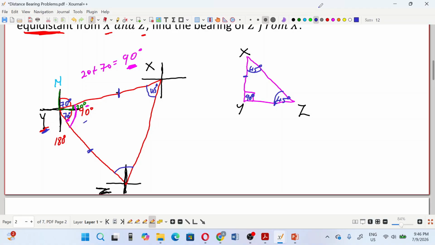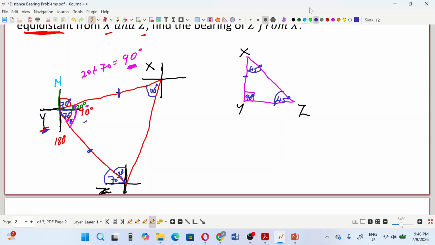So now I'm going to go back and use the alternate angles idea. Look here. If this particular part is 70, remember this angle alternates with this angle, so this is also going to be 70 degrees, right? And the whole of that angle is supposed to be 90. Therefore, if I've taken 70 out of it, the remaining part is 20, right?